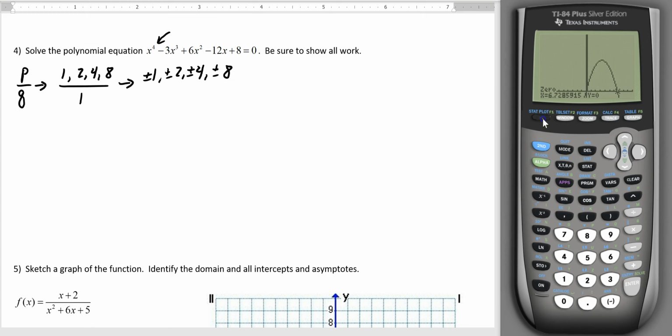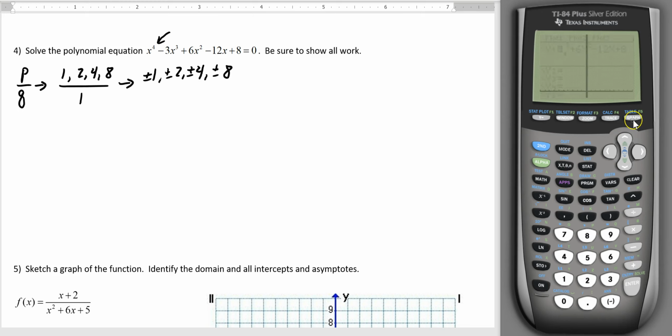To figure out which one I want to start with, let's graph this guy. So I'll have x to the 4th minus 3x to the 3rd plus 6x squared minus 12x, and then plus 8.